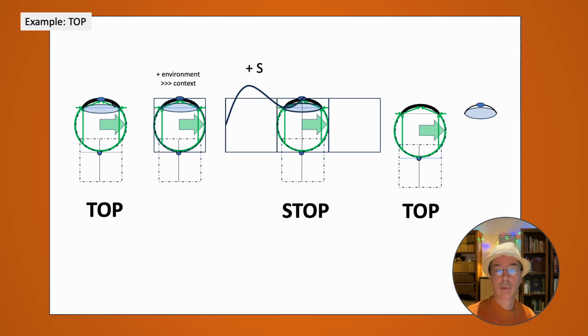So the S will work on the top and will make stop, while the contextual frame is where you have the same idea of this top, and where you can sense until where there has to be a top.